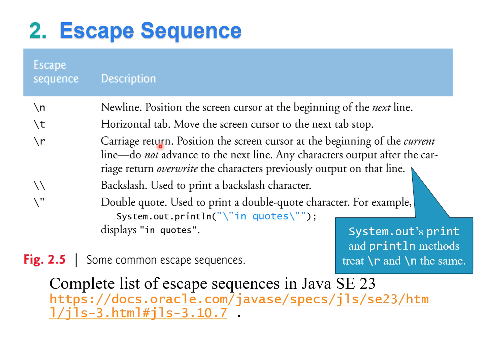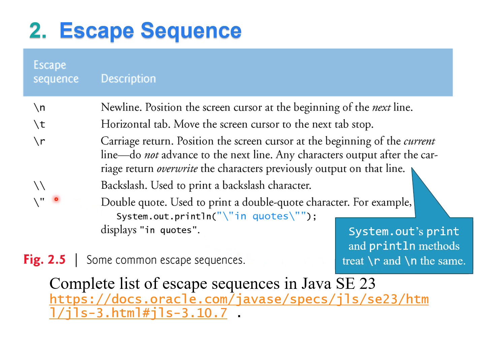By the definition in the ASCII code, this character is supposed to position the screen cursor at the beginning of the current line, and it does not advance to the next line. However, the print and println methods of the System.out object treat the two characters \n and \r the same.